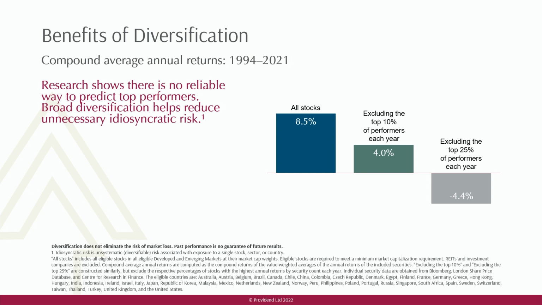As you can see here, in the period of 1994 to 2021, all stocks worldwide gave about 8.5% return. But if you exclude the top 10% of the performance each year, the return drops to 4%. And if you exclude the top 25%, it drops to negative.